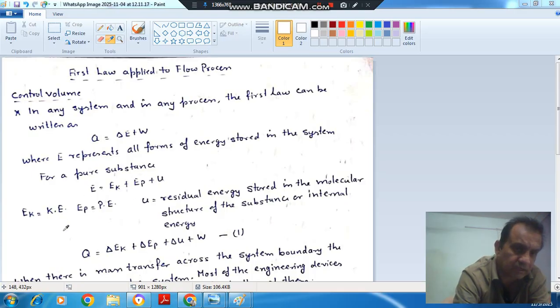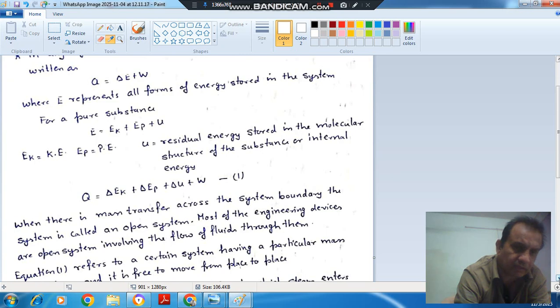So this law now becomes like this. We put the value of del E as del Ek plus del Ep plus del U, where Ek is kinetic energy, Ep is potential energy, U is internal energy. So it becomes Q is equal to del Ek plus del Ep plus del U plus W. This is equation number 1, which is valid for the closed system also, because here we are taking change in kinetic energy into account.